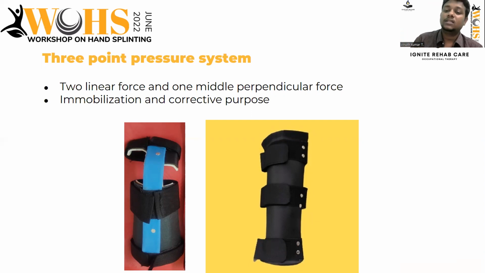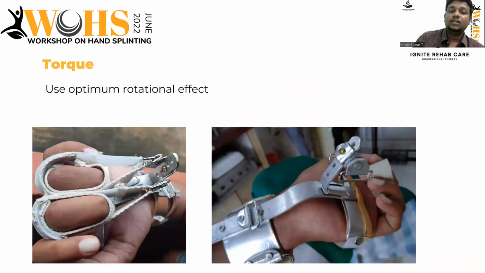In immobilization, the center strap will block the movement. In a corrective splint, the center strap will give the appropriate force for providing the stretching.